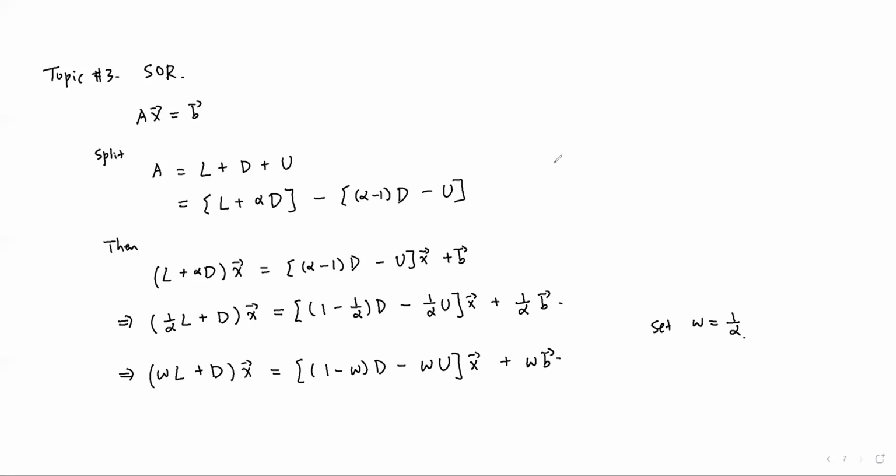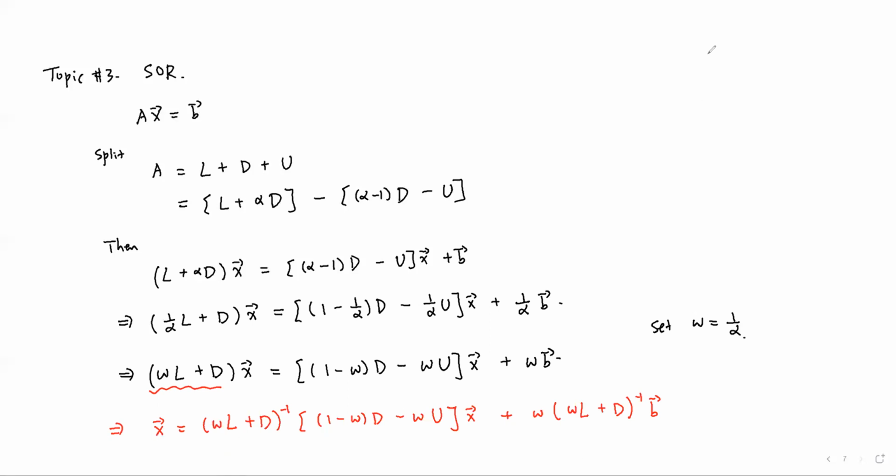Move this term to the right side. Then we have a fixed point equation: (omega L plus D) inverse times the first term, plus omega times (omega L plus D) inverse times B. A fixed point equation.